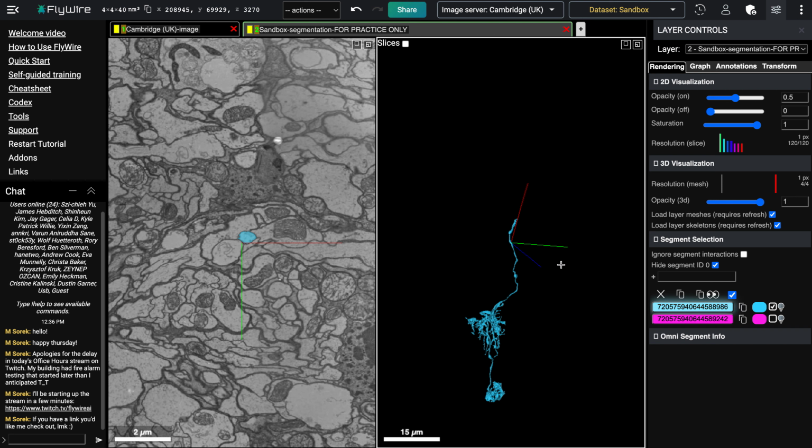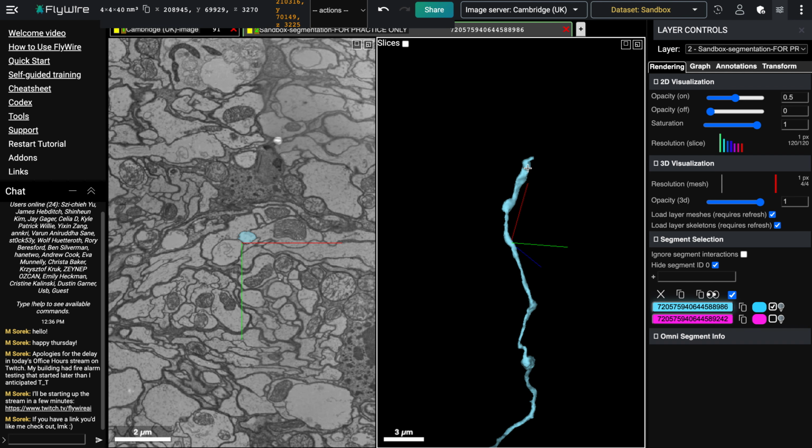But sometimes some of our cells have more difficult errors that are not easily resolved with just the use of your visual skills or the tools available at your disposal through the FlyWire interface. So this is a good example of one of those.